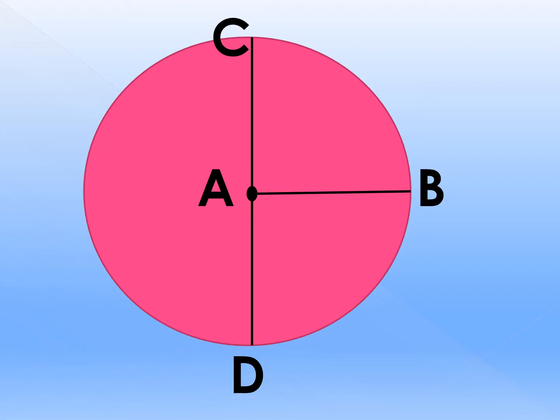Draw a diameter with segment CD. Just always remember, once you say diameter, it is a segment lying through the center. Or what we call the diameter is a segment that intersects the center. That's the reason why you can draw a diameter not in this way only.